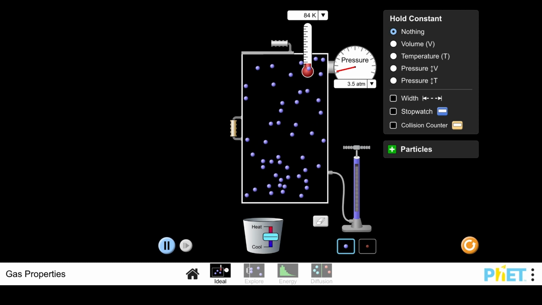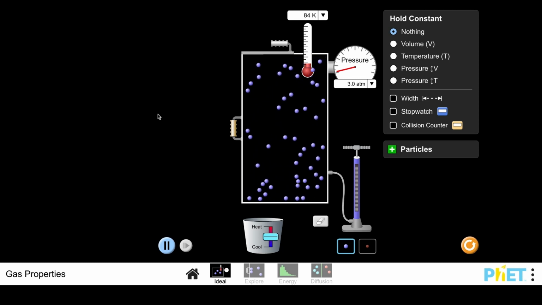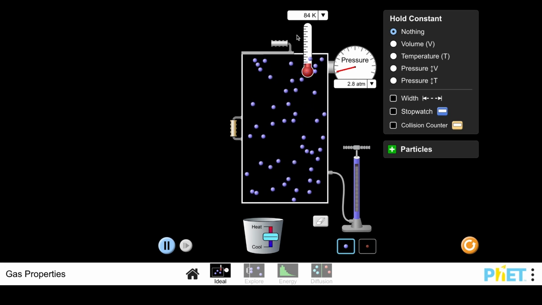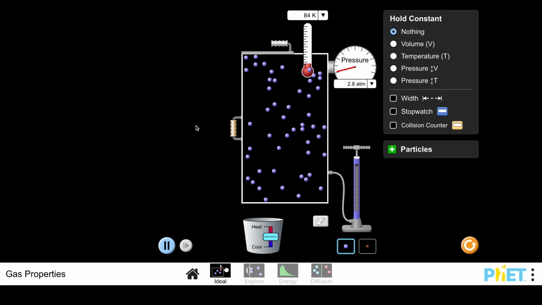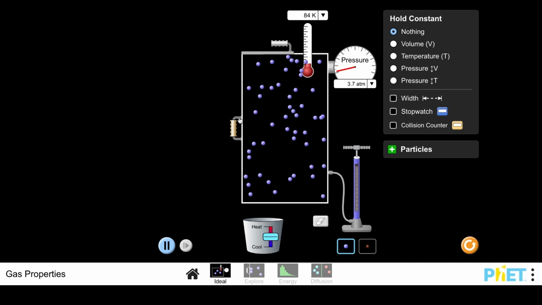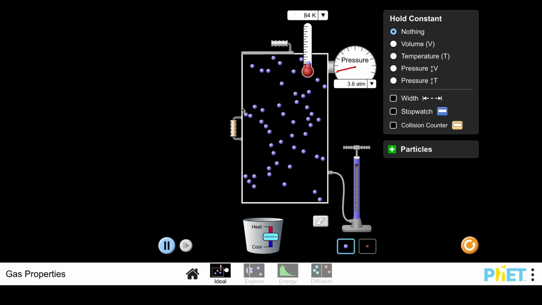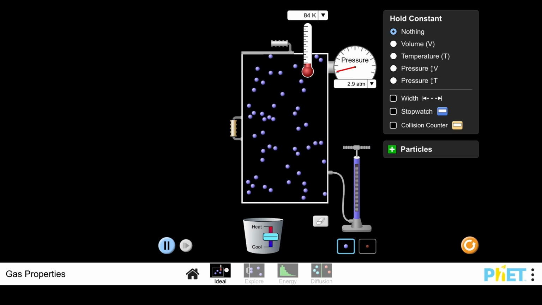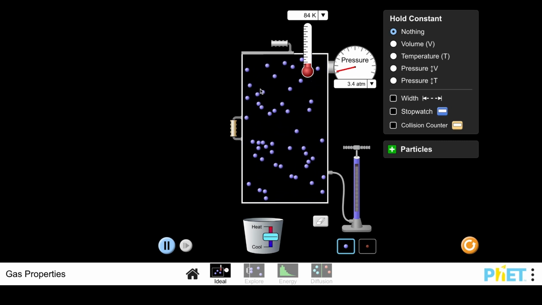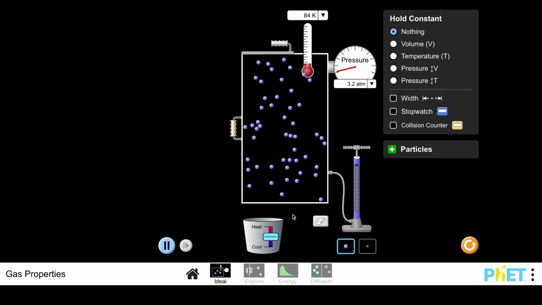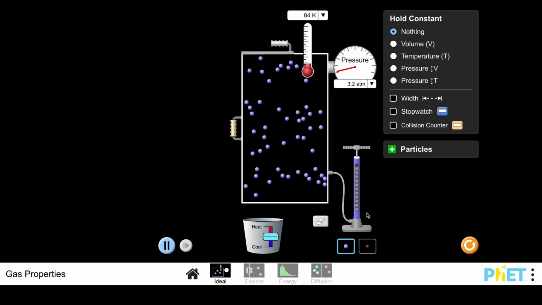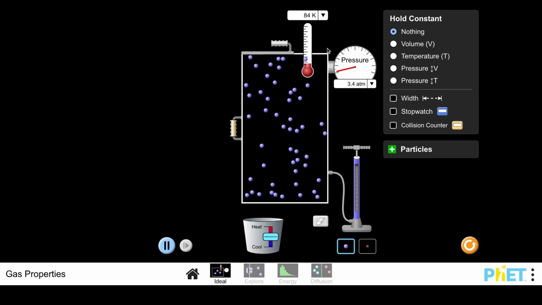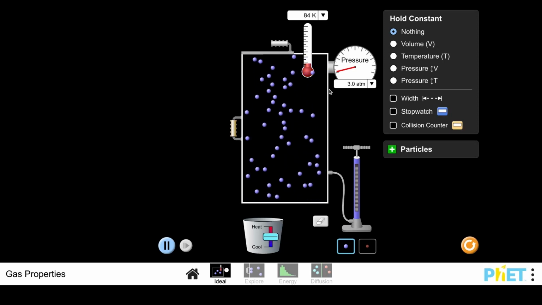Because the particles are traveling way slower, the average kinetic energy is lower because of the temperature. We have to decrease the volume so that the gas particles can actually maintain this pressure from hitting the container. Otherwise, if the volume was this big, it would take the gas particles way too long to hit the container, resulting in not a constant pressure.